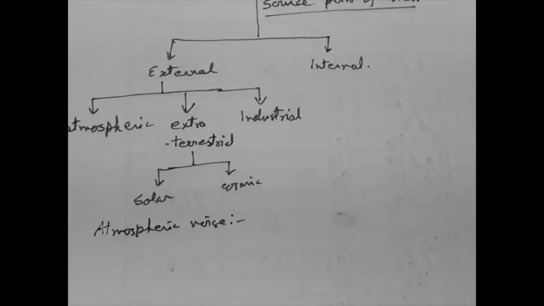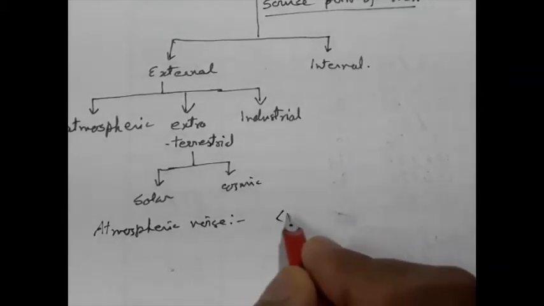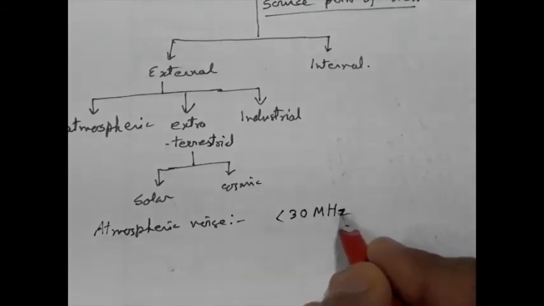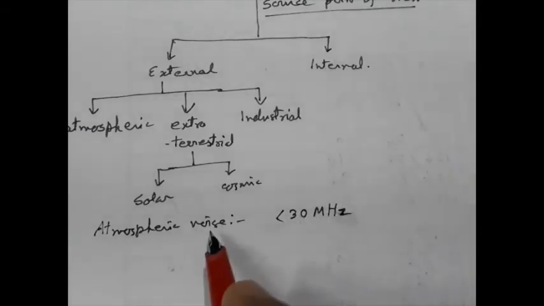Field strength of this noise signal is approximately inversely proportional to the frequency. As a result, this noise interferes more with the radio receivers than television. Atmospheric noise becomes less severe at frequencies above 30 megahertz. So its effect will be seen less than 30 megahertz. For greater than 30 megahertz, this atmospheric noise is very weak.